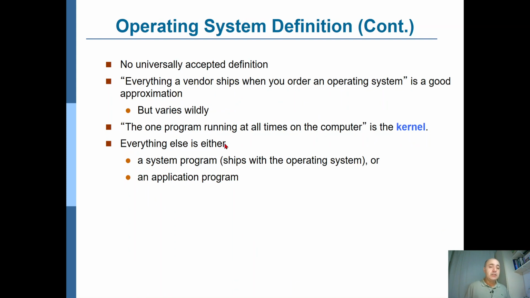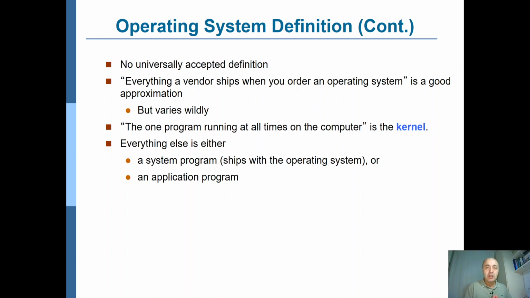There is actually no universal definition of what an operating system is. Some might say everything a vendor ships in the box is considered your operating system. Nowadays, of course, you even download operating systems; in the past, it was on CDs.